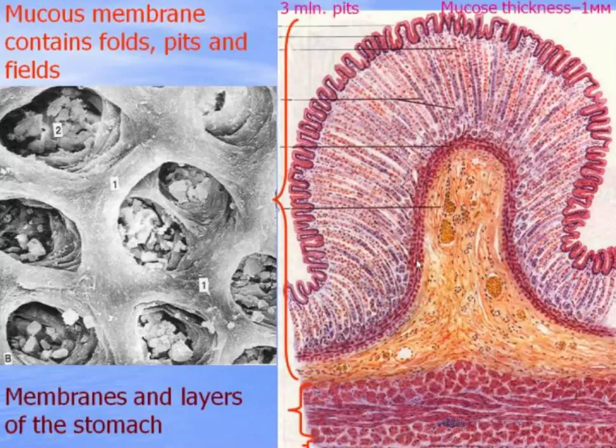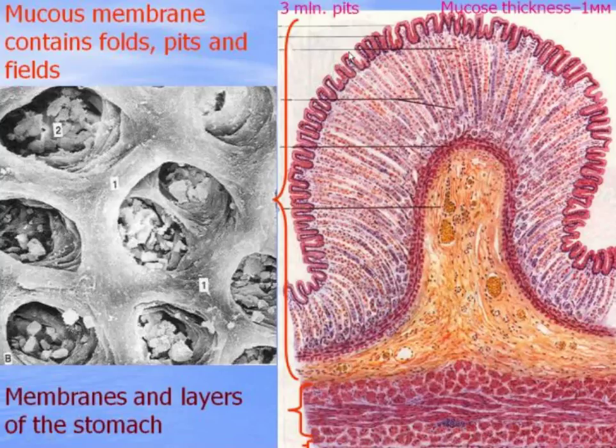When it contracts, the fold appears, and submucosa. It consists of loose connective tissue, quite thick, with numerous blood vessels, and the mucous membrane is like sliding on this submucosa.